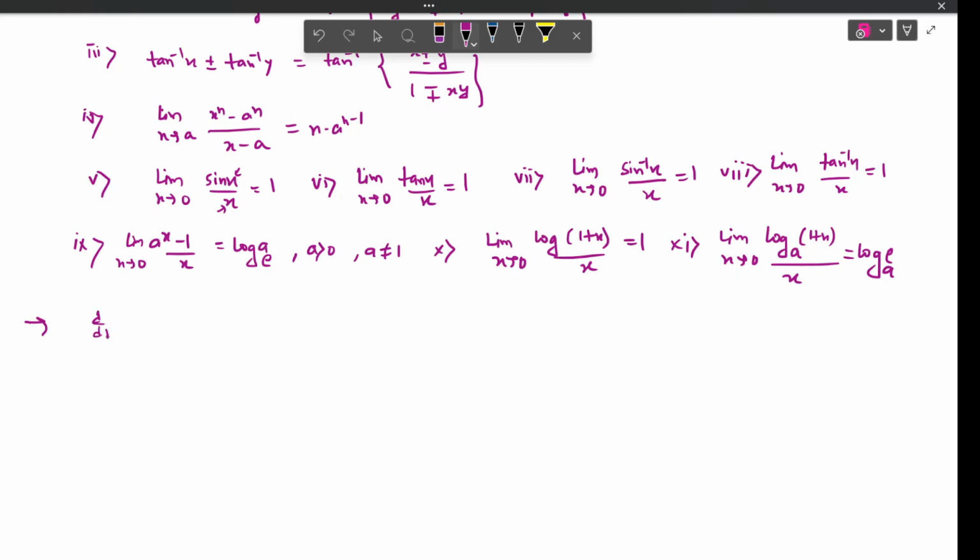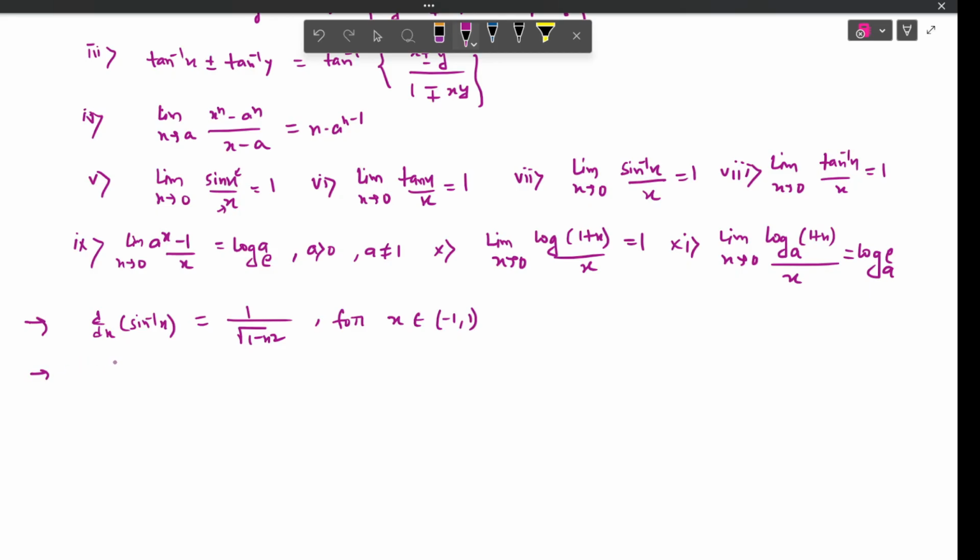So d/dx of sin inverse x would be 1 by root under 1 minus x square for x belongs to the open interval minus 1 to 1. You have to remember the domains, because whenever good questions are framed, they will be framed from the domains.